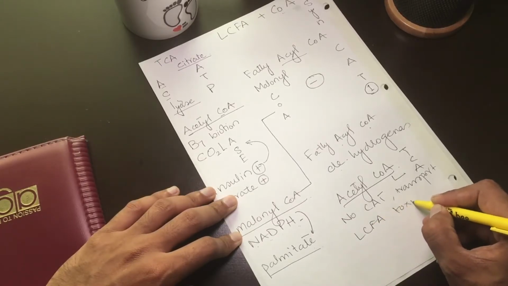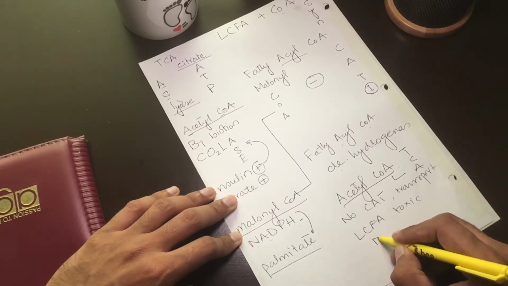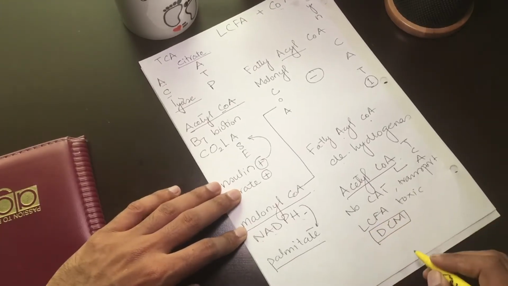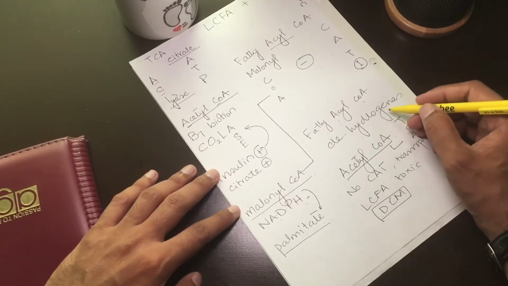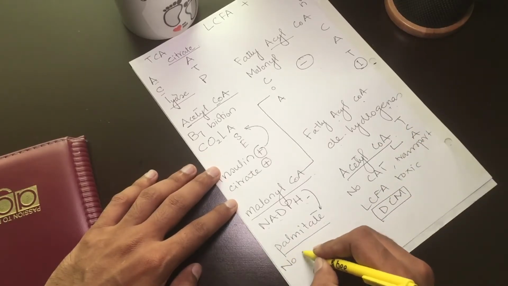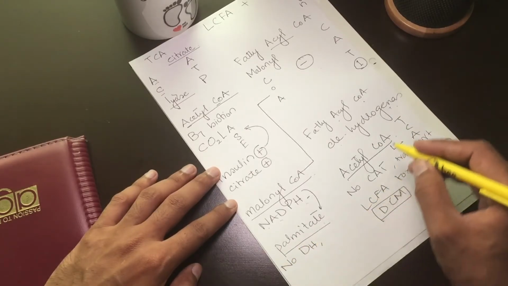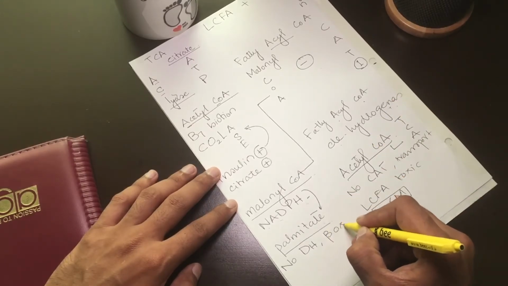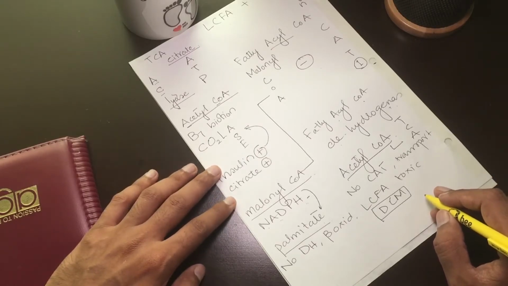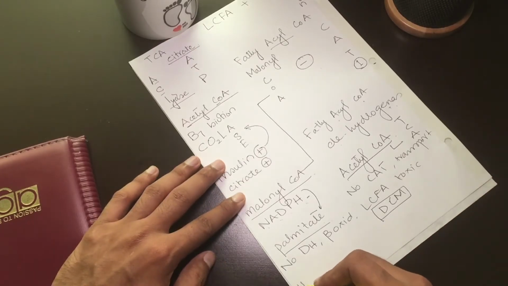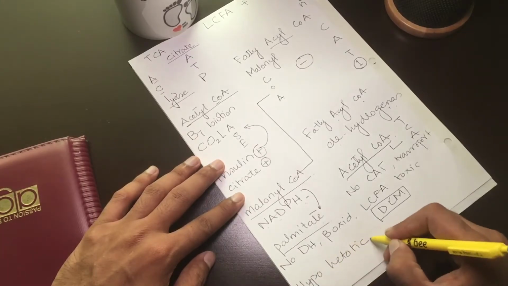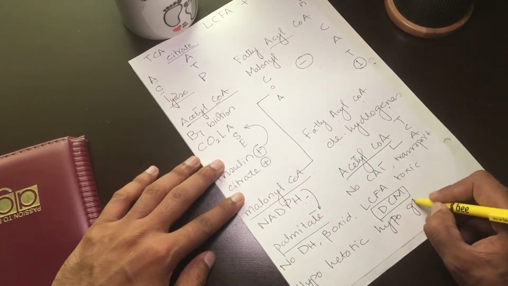These are toxic towards the heart, causing dilated cardiomyopathy. Second, if we don't have the dehydrogenase enzyme, we cannot do beta oxidation, so we form a condition known as hypoketotic hypoglycemia.